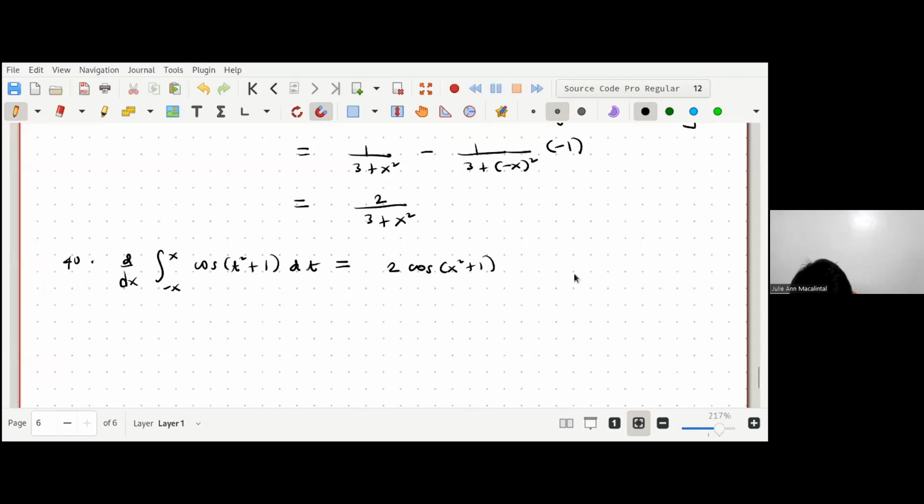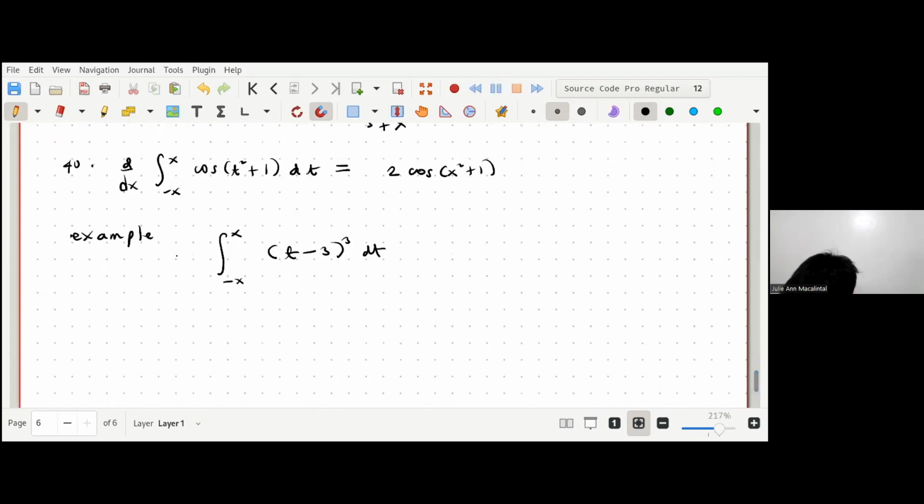Okay. So before we do itong bago, let's try this example. What if yung integral natin, negative x to x, and then t minus 3 cube dt. Tapos kailangan natin kunin yung derivative with respect to x.